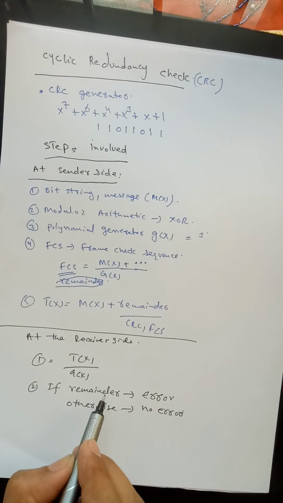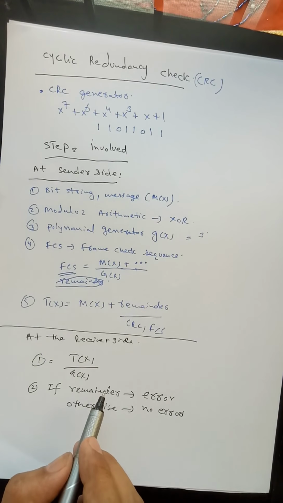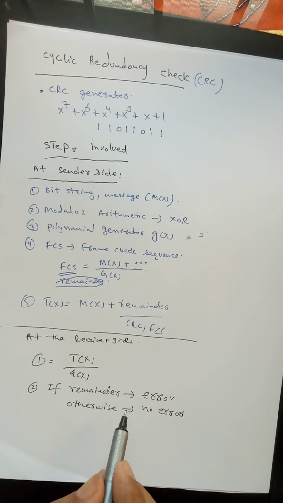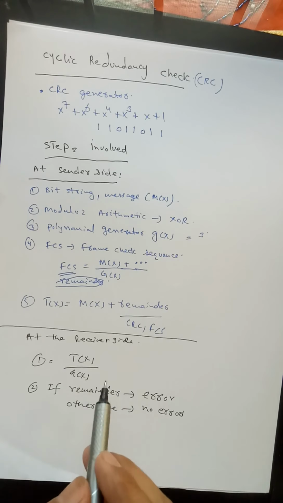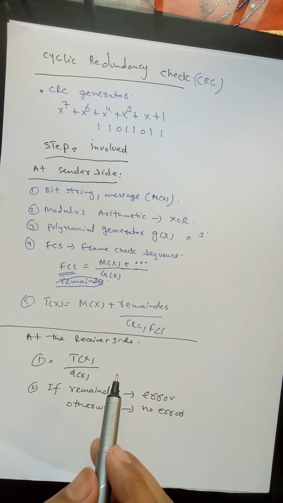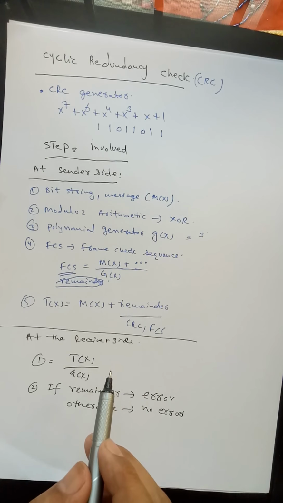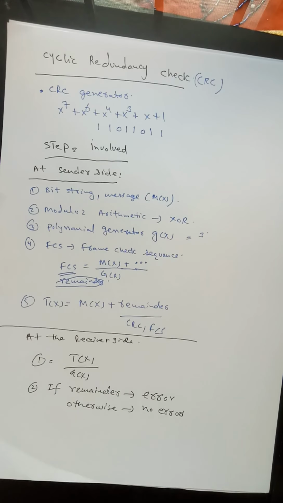If we get a remainder, the data might be distorted or garbled during the transmission. If there is no remainder, it means we received the same bit pattern that was transmitted by the transmitter. So let's solve an example so that we can properly understand CRC.